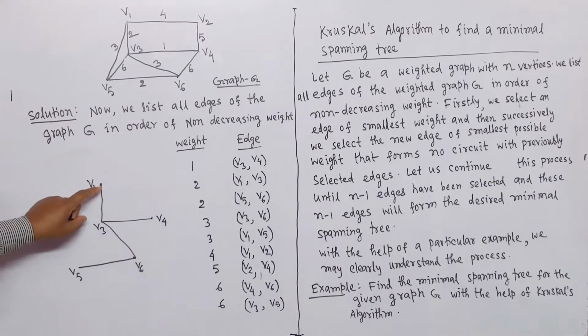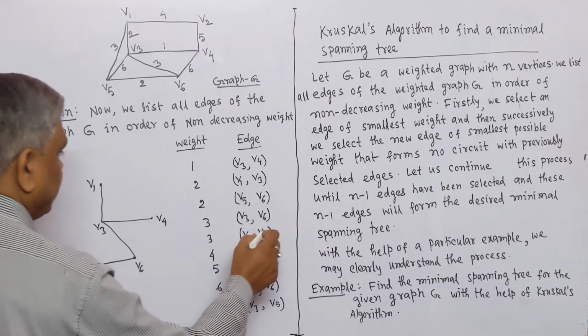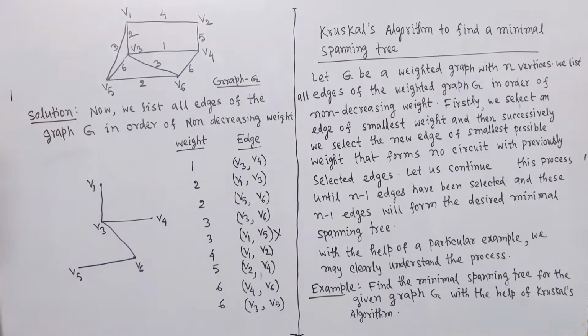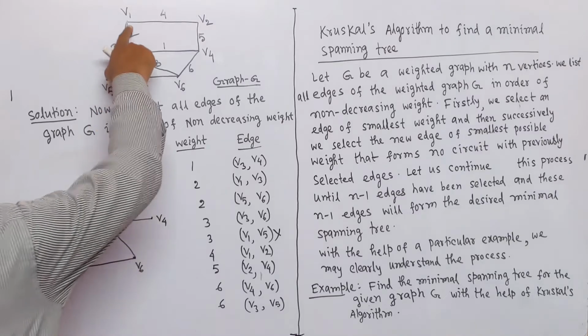If we join V1V5, then it will create a circuit: V1, V5, V6, V3, V1. So we will not take this V1V5. Then V1V2.